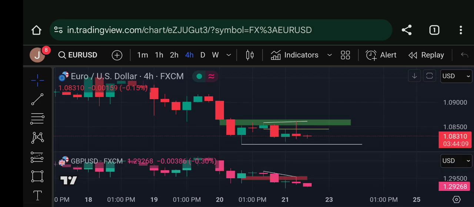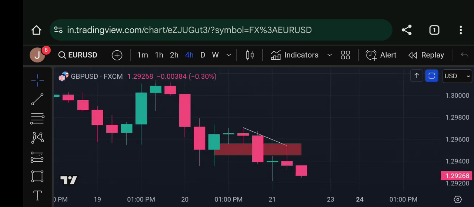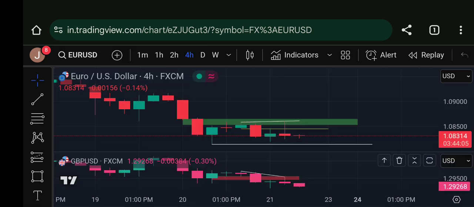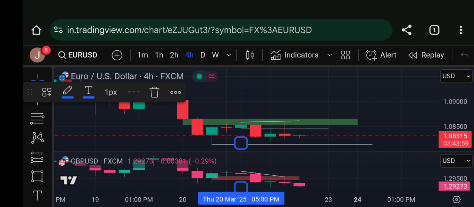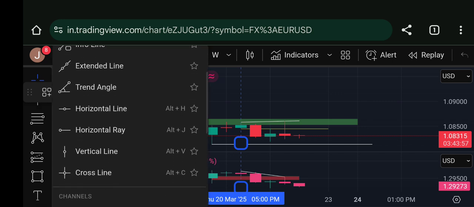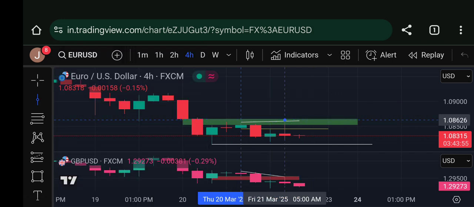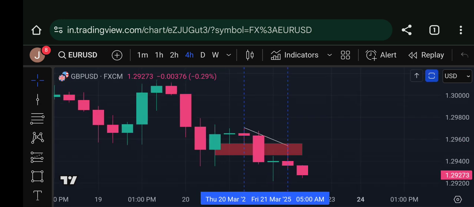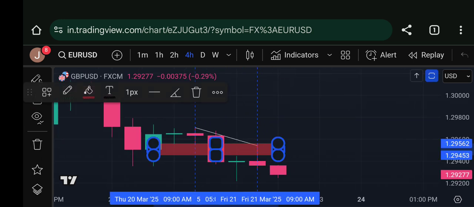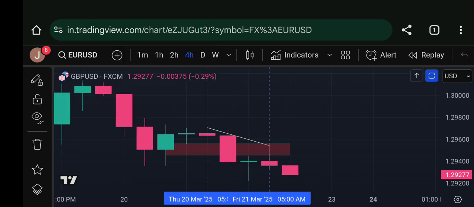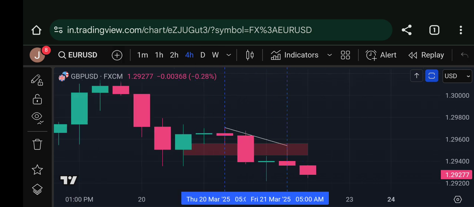So if we zoom out on the 4-hour, surprisingly we can see that here, if I put an arrow mark in the 4-hour time frame, we can see that price entered into the fair value gap.